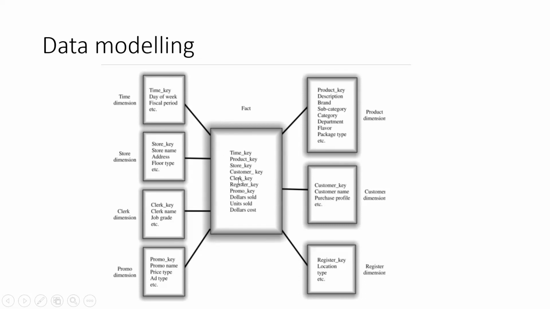For each of the dimensions, we have one foreign key in the fact table to set up the relationship, so we get the data from this table to this table. So when our fact and dimensions are ready, we can create the data modeling.